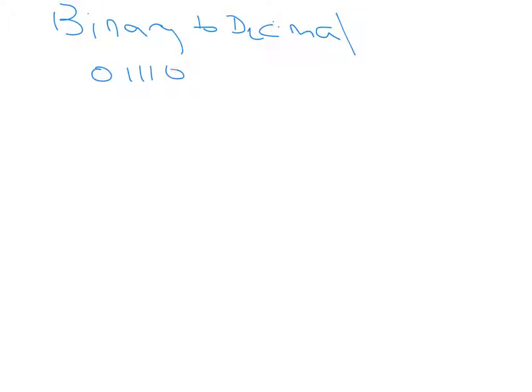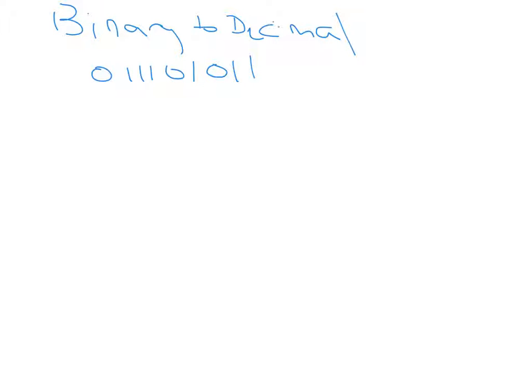So now we're going to try binary to decimal. And we'll use the binary that we just had, which was 0, 1, 1, 1, 0, 1, 0, 1, 1. To convert this, I'm going to do the same thing.